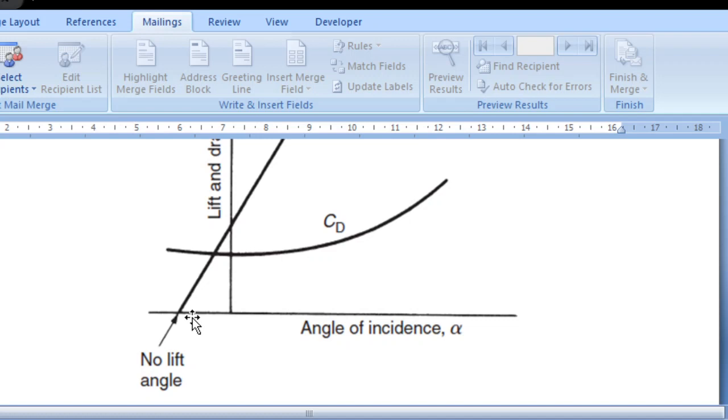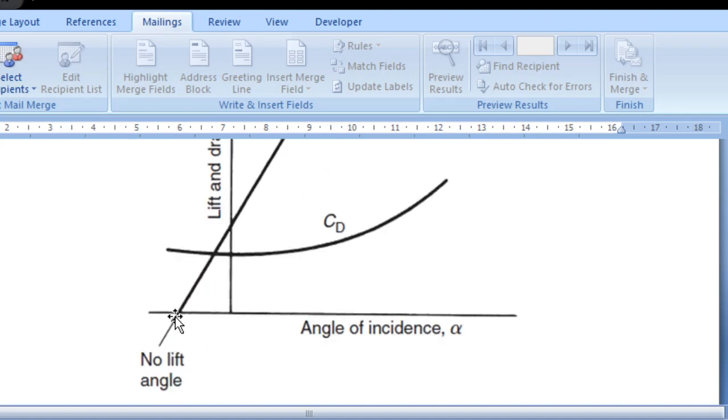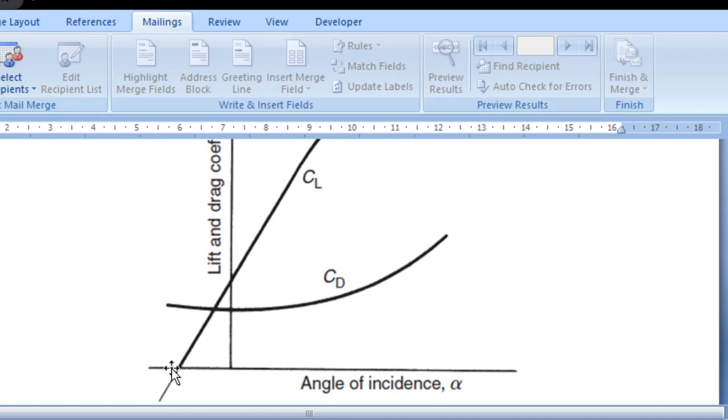So you have a positive CL and CD even at the negative angle of incidence, but at one particular point this CL drops down to 0. So this is CL, there is no lift force, and this lift force keeps on increasing with the angle of attack or angle of incidence.